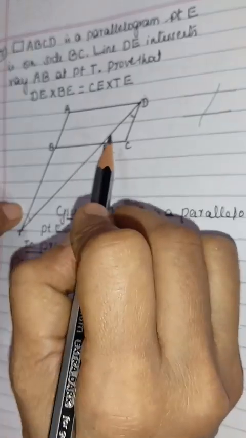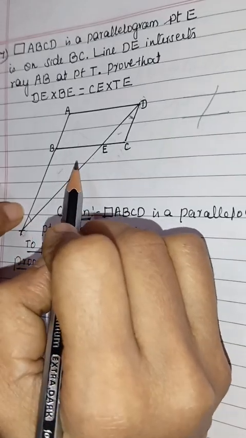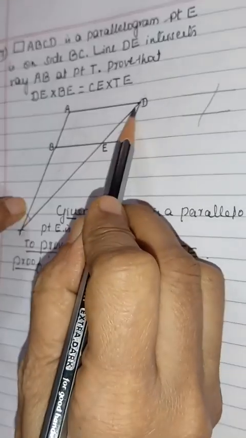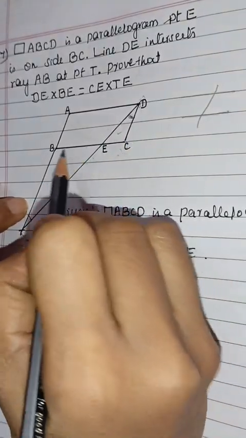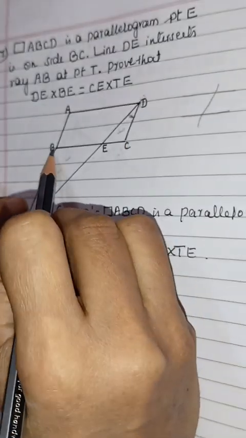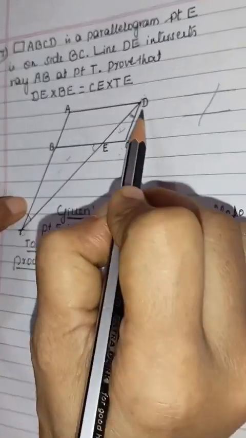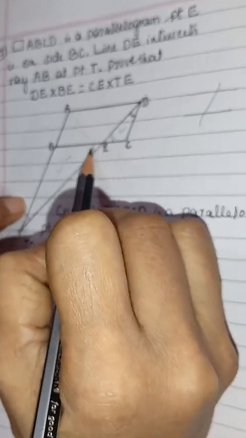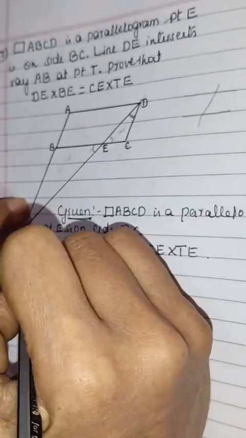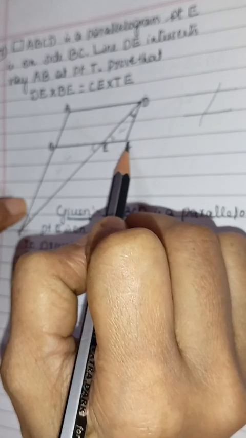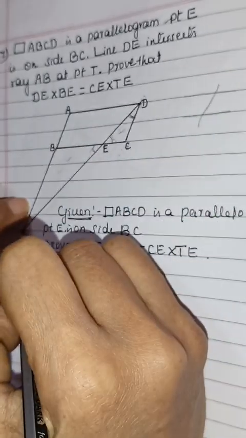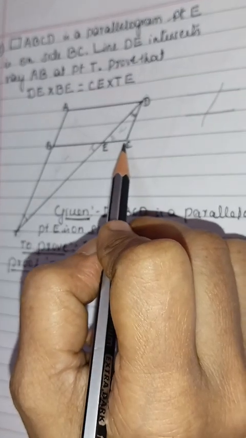So we got these two triangles. This angle is congruent with this angle because they are alternate angles. And here in these two triangles, angle BET is congruent with angle CED because they are opposite angles. Therefore triangle CED is similar to BET.